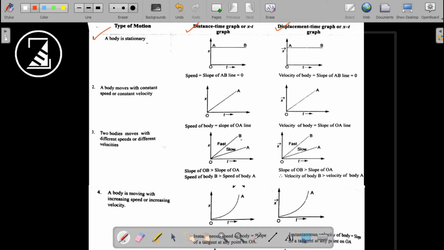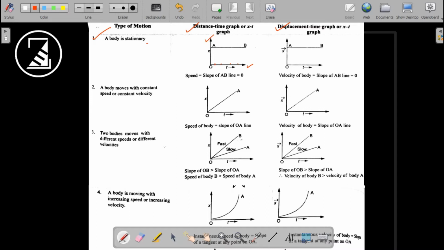Number one, the body is stationary. That means a body is not changing its position with respect to time. Here, distance and displacement are plotted along the y-axis and time is taken along the x-axis. Now see, time goes on increasing but the position of the object remains constant, remains fixed.